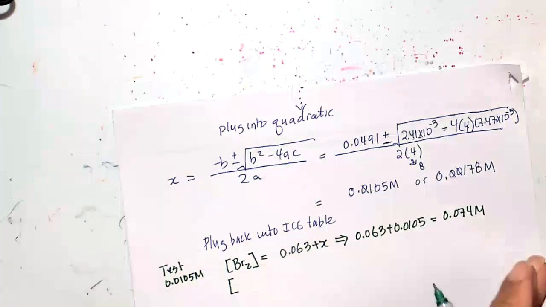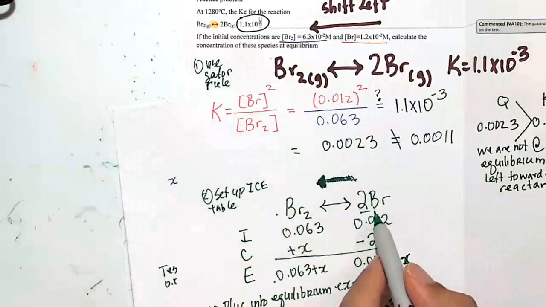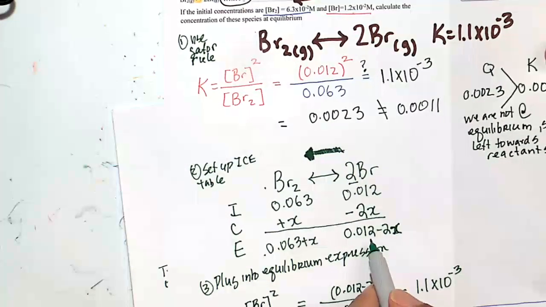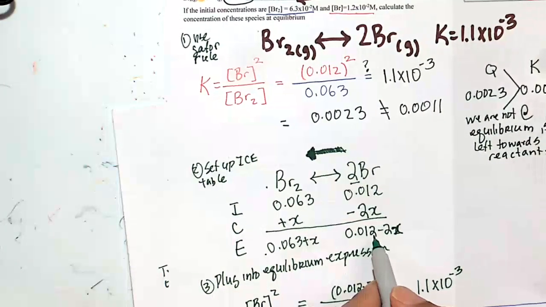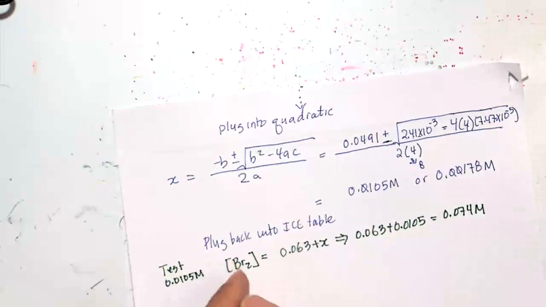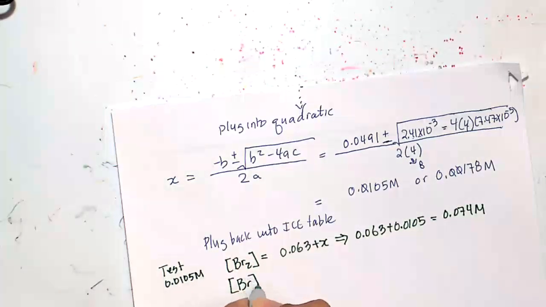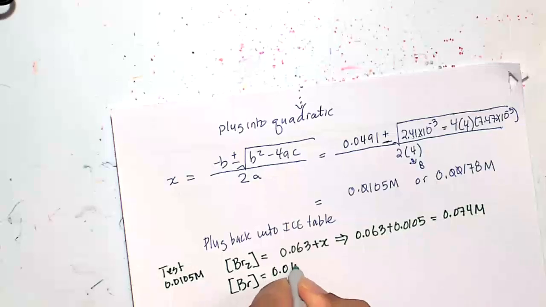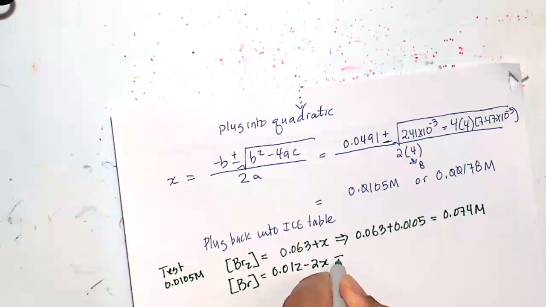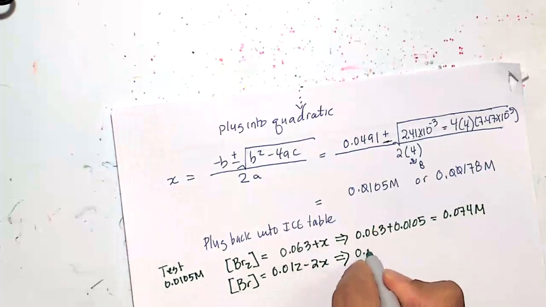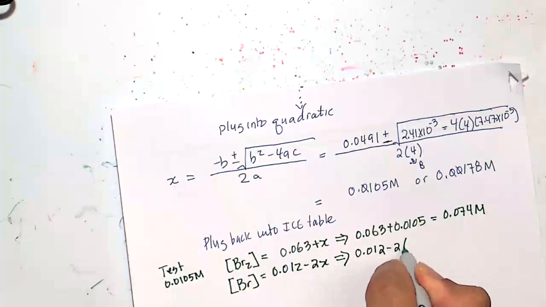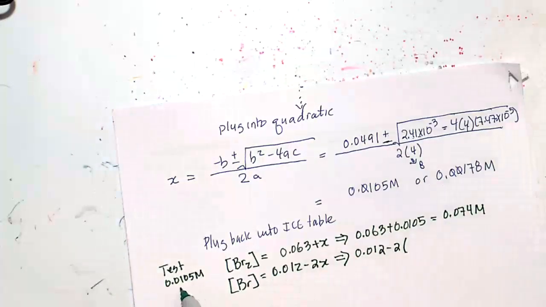What's the equilibrium concentration of Br? That's going to be 0.012 minus 2x. What is x?